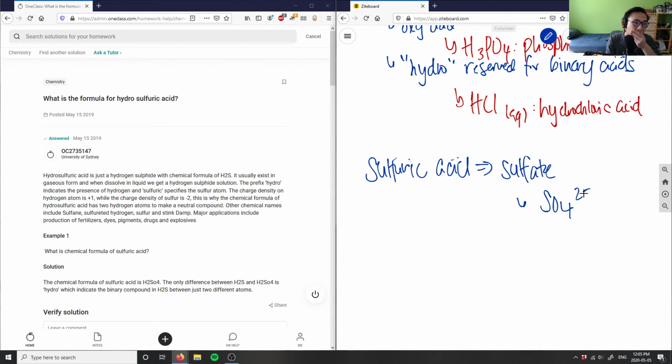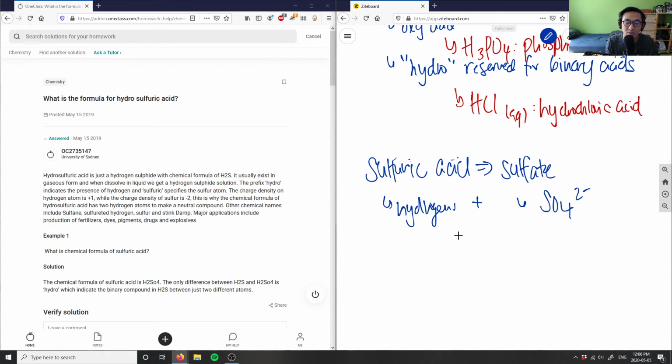Finally, if we have SO4 2 minus, all we need to do is add the hydrogen. Remember, sulfuric acid contains two parts: the hydrogens, because obviously it's an acid, and then the sulfate part. How many hydrogens do I need to balance out the charge of SO4 2 minus? I would obviously need two hydrogens, so H2, because each hydrogen has a 1 plus charge.